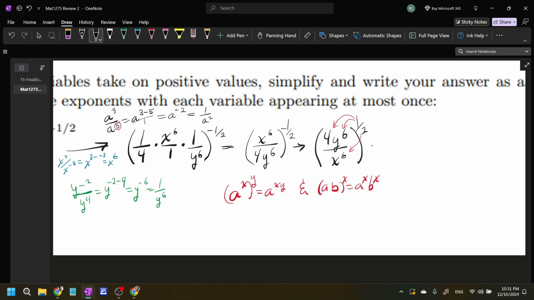So I'll split this up: y to the 6th to the 1/2 power over x to the 6th to the 1/2 power, just so you can see we're using the quotient rule.